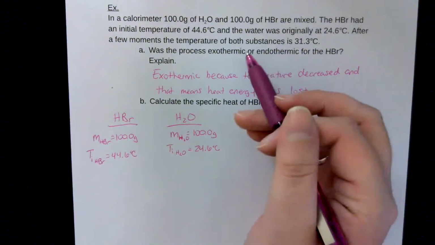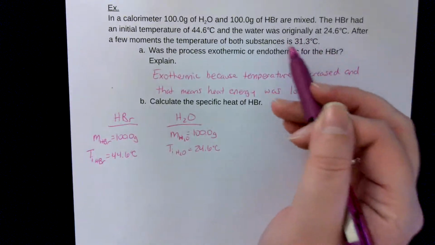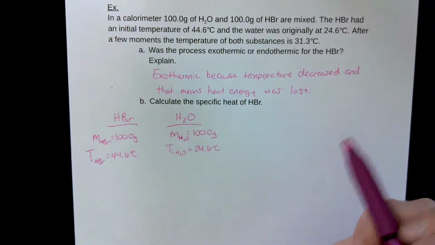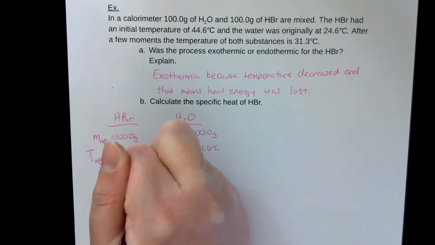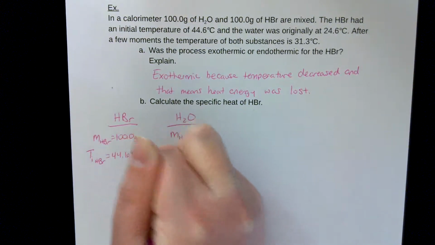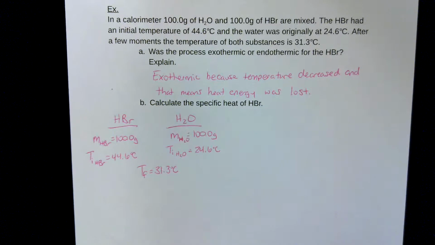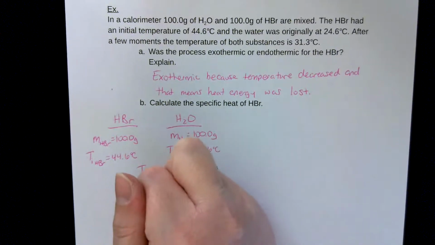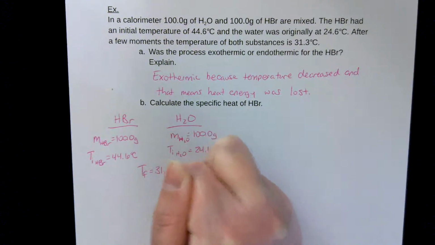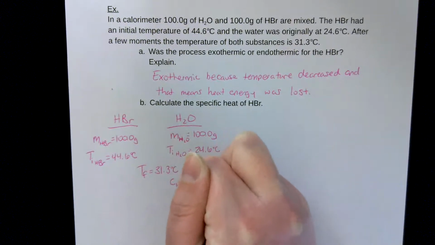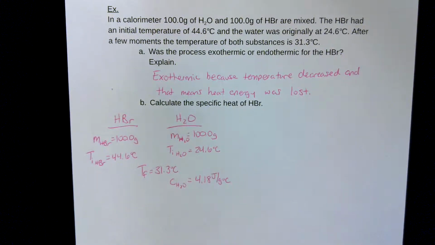The final temperature of both the HBr and the water, 31.3 degrees Celsius. And as always, we know that the specific heat of water is 4.18 joules per gram degrees Celsius as a liquid.